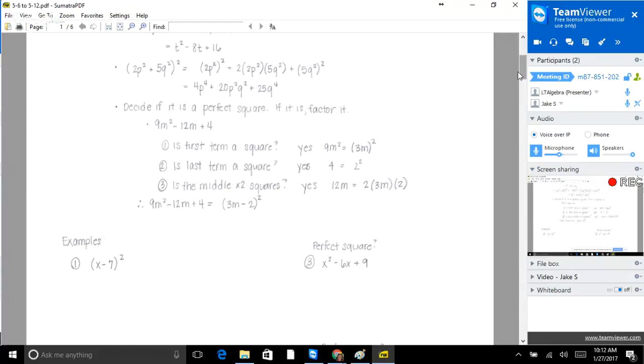And now we're in 5.9, which is, I guess, the most challenging of the factoring, if we want to say it that way.